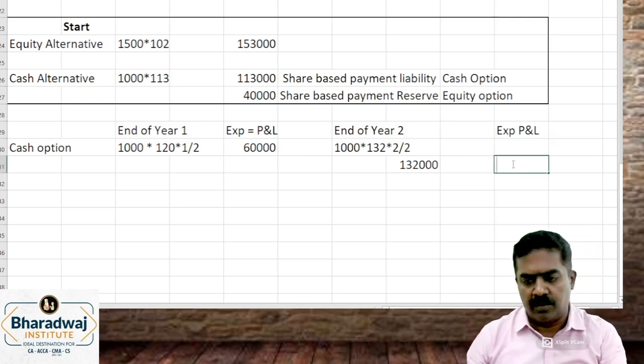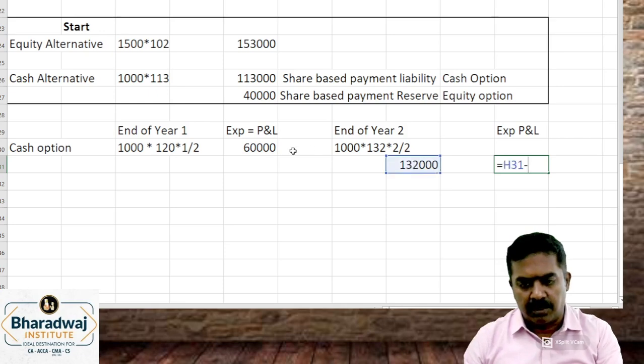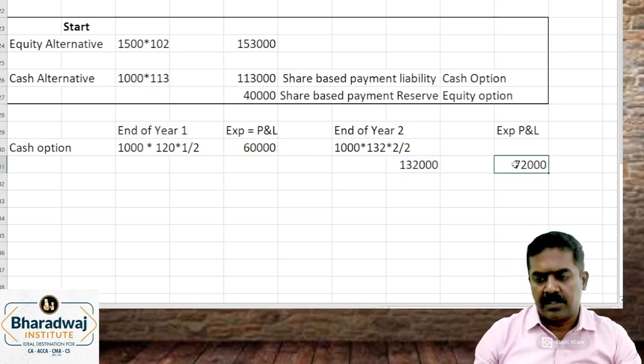Expense for P&L account will be 1,32,000 minus 60,000, 72,000.